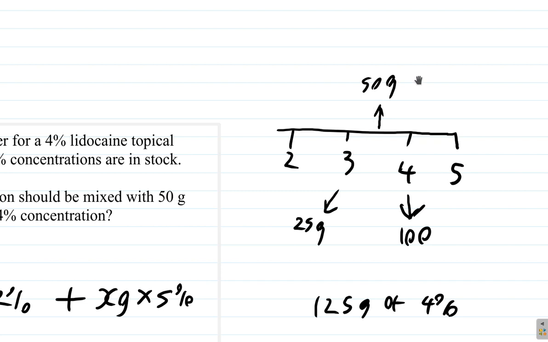So you see that the stronger the concentration that we need, the more of the stronger concentration we need to mix. The weaker the concentration we need, the less of the stronger concentration and the more of the weaker concentration that we need.